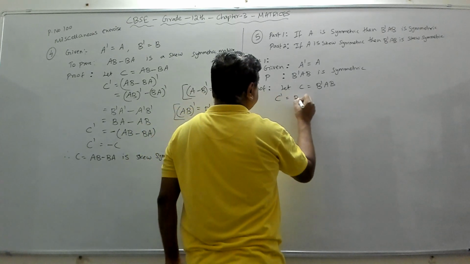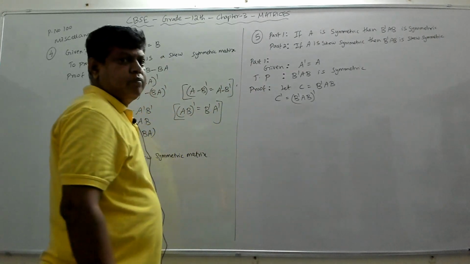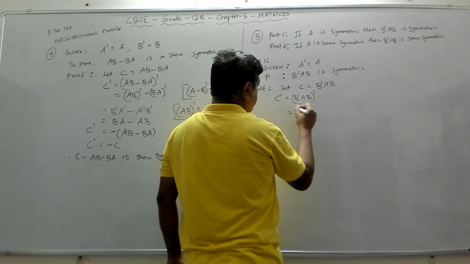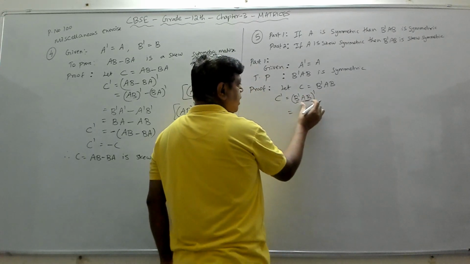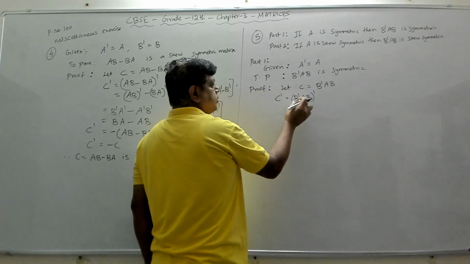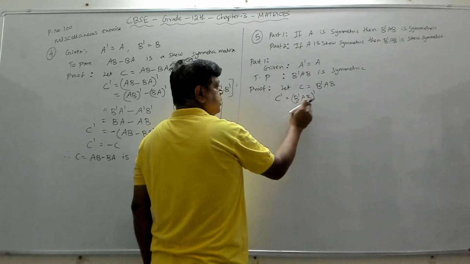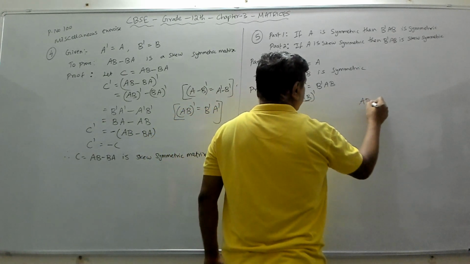Now what is C transpose? C transpose is B transpose AB the whole transpose. I can take B transpose as one matrix and AB together as another matrix. Now what is AB whole transpose?